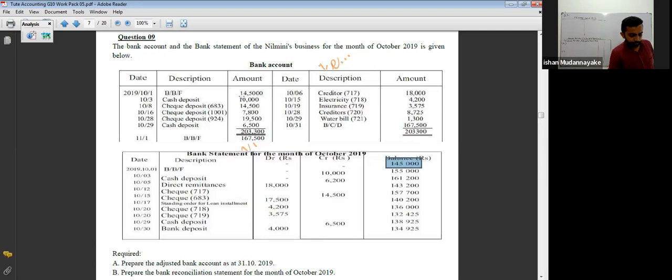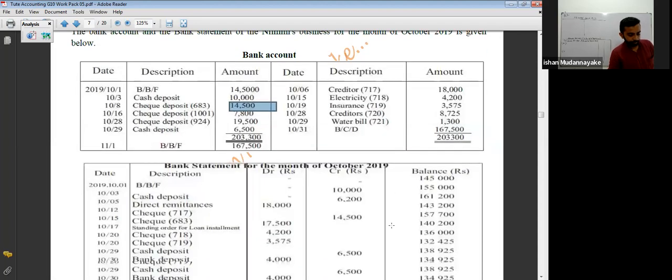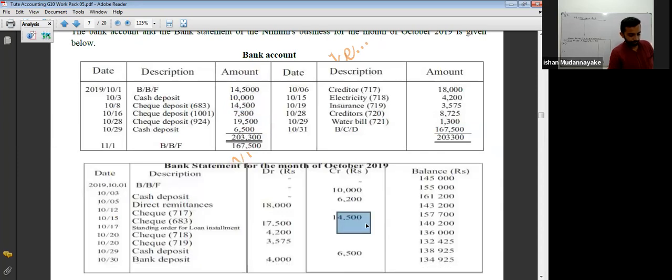And then cash deposit 10,000. This 10,000 appears in the statement. Statement credit, bank account debit. 40,500, bank account debit, statement credit. 40,500 also okay. 7,800: you have debited 7,800, but that 7,800 is not available in the statement.